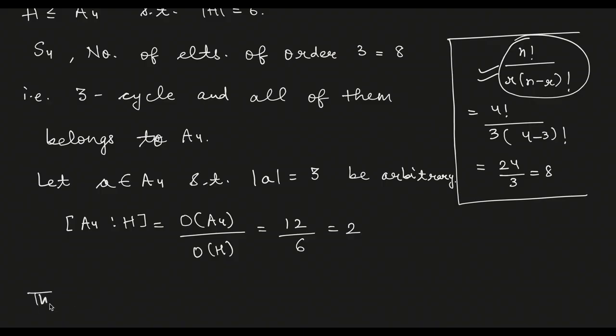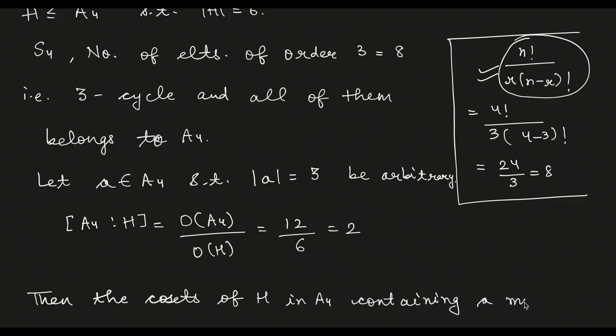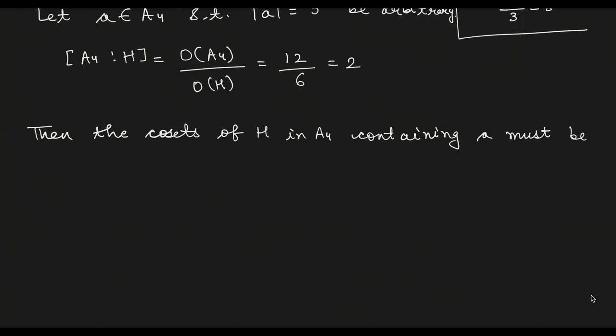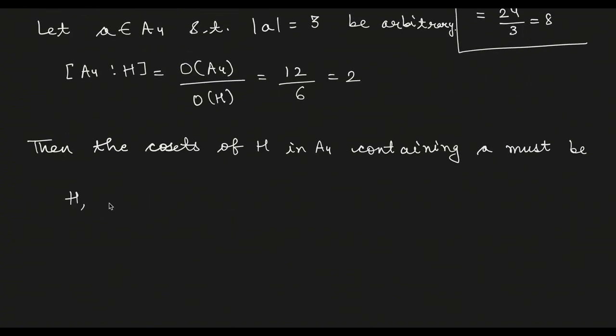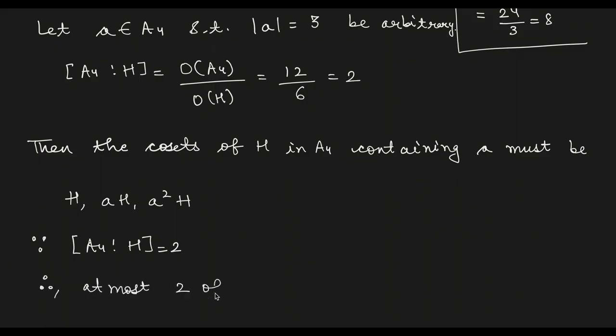Then the cosets of H in A4 containing a must be H, aH, a squared H. As the index of H in A4 is 2, at most 2 of them should be equal.